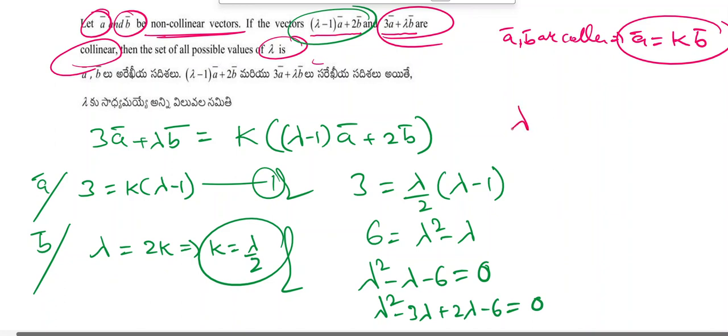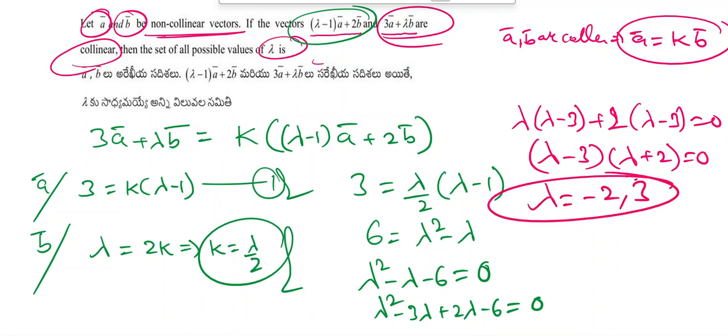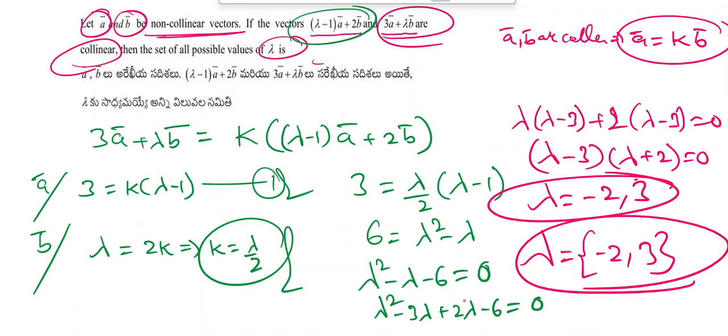Taking lambda common, lambda into lambda minus 3, taking 2 common, lambda minus 3 is equal to 0. This is lambda minus 3 into lambda plus 2 is equal to 0. Therefore, lambda is equal to minus 2 comma 3. These are the values of lambda.